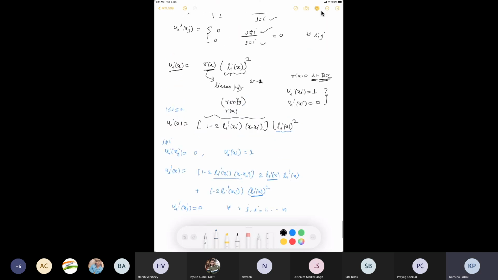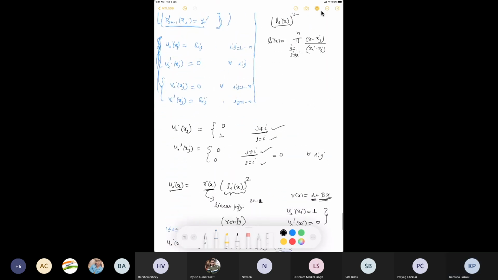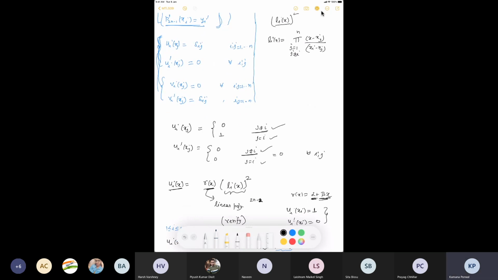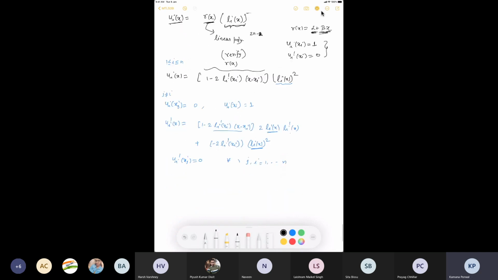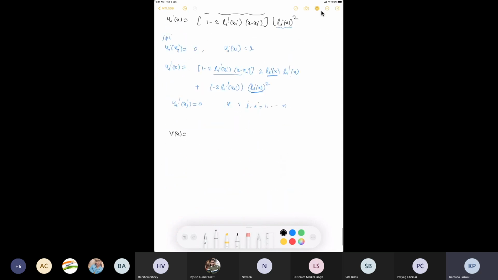Now let's focus on the Vi(x). So again, if you observe, I want that it should be 0. If we take the case j not equal to i, I want that Vi at xj should be 0 and Vi prime at xj should also be 0, whenever j is not equal to i. So this means that again I'm going to have one factor as Li(x) squared for V(x). So V(x) will also have Li(x) squared as one of the factors, and then the choice we can have as a multiple is a linear polynomial.